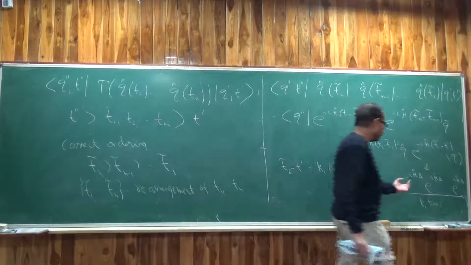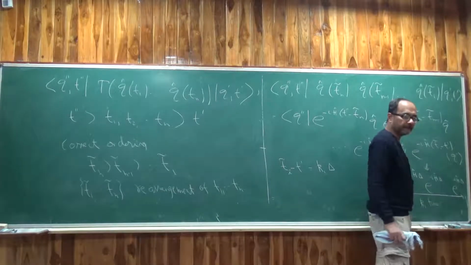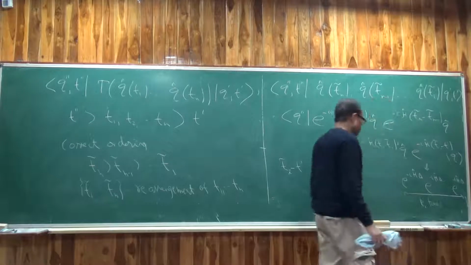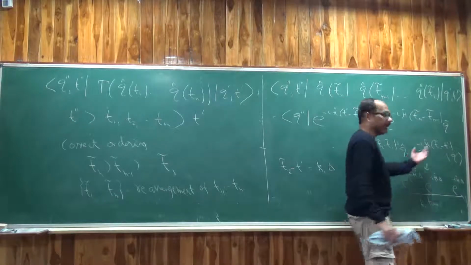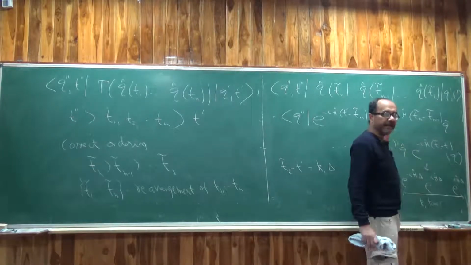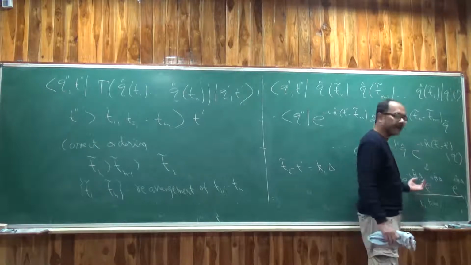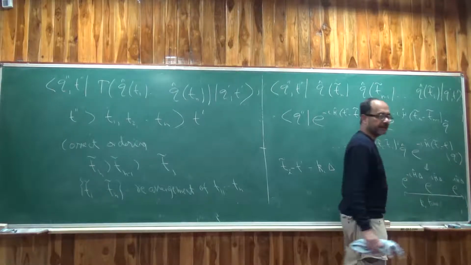So there will be k1 times this operation. There are n altogether factors e to the minus i h hat delta, so k1 are certainly there.